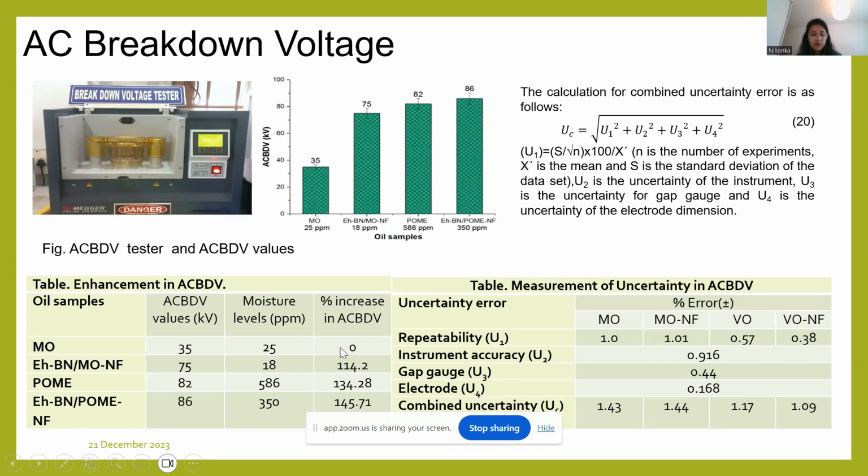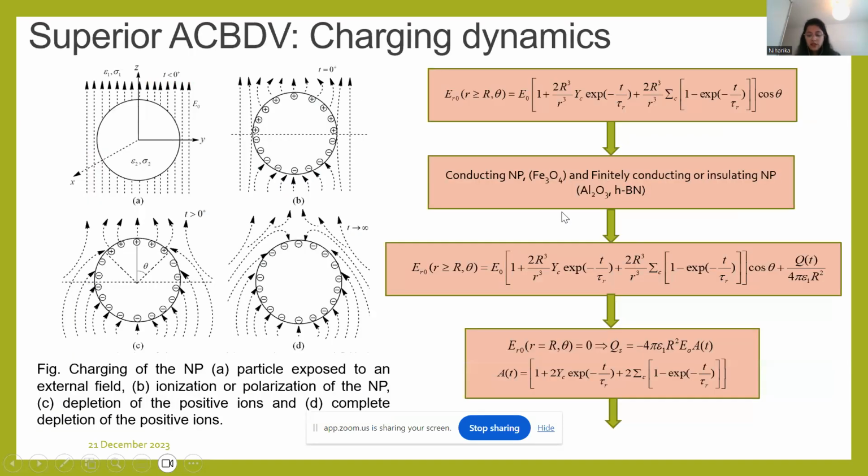You can see here the percentage increase of the AC breakdown strength of all the oils compared to the mineral oil. And here is the uncertainty of measurements, which is quite acceptable because it is in the range of 1 to 2%.